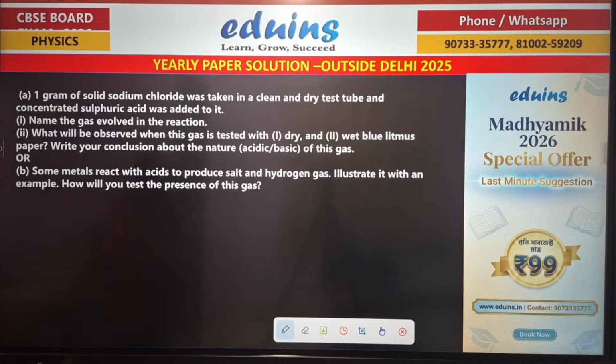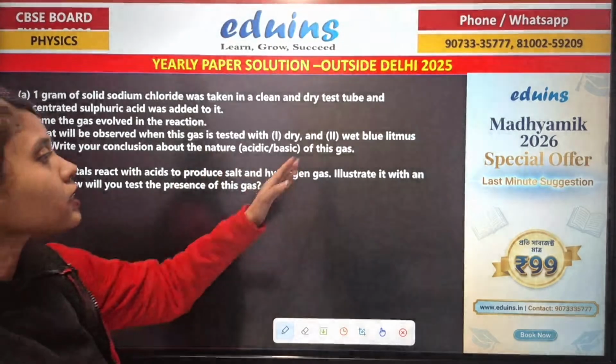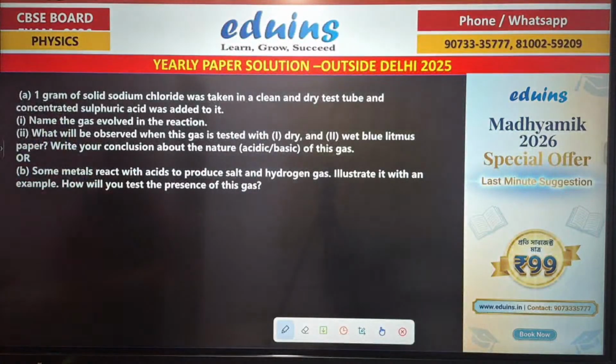For the first condition, we have to use the dry litmus paper, and for the second, we have to use wet blue litmus paper. So what will be the conclusion about the nature, acidic or basic, of this gas? So this is the first question and this is the or section of it. Okay. So what will be the answer?